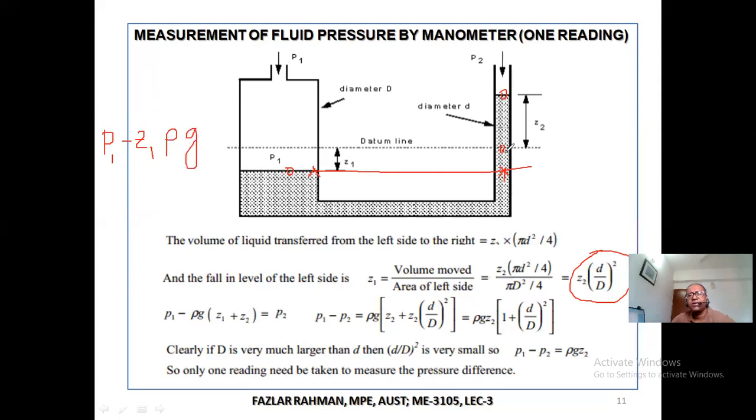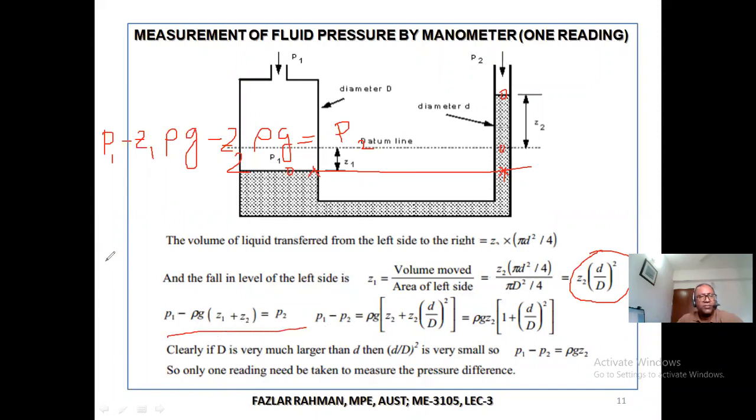Now, you came in at this point. Now you come in over here. Again, you are moving upward, so that will be Z2 rho g. This is equal to P2, right? Now we'll figure out P1 minus P2. So you see right over here, this equation.